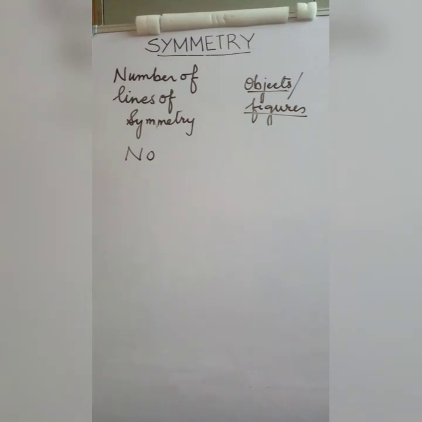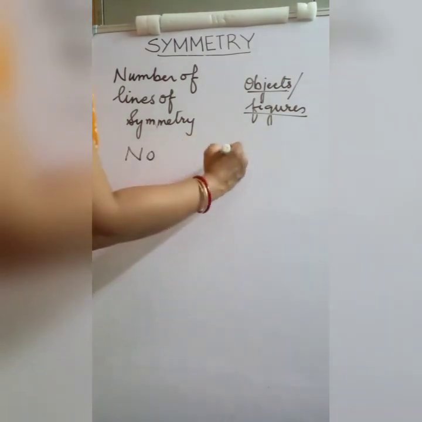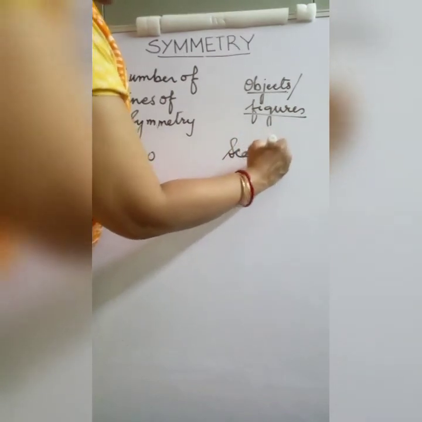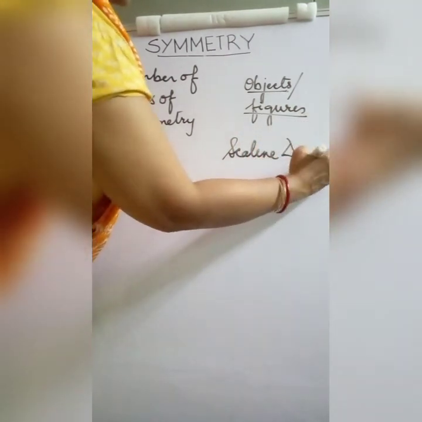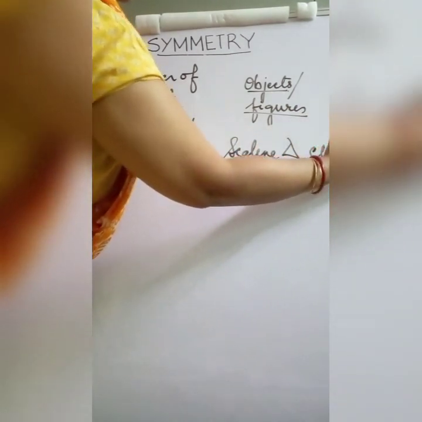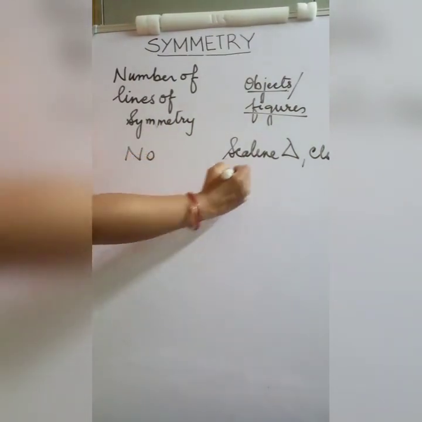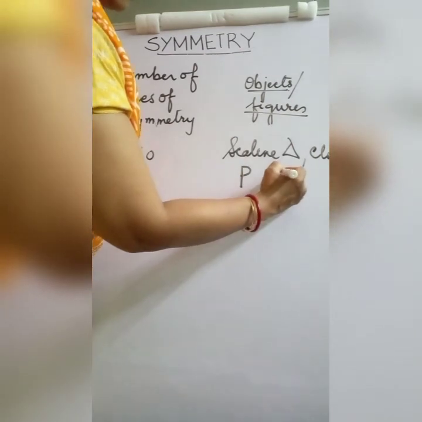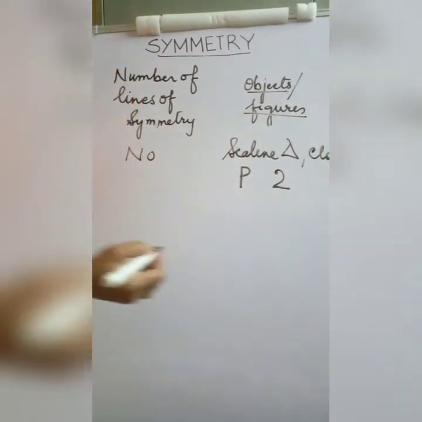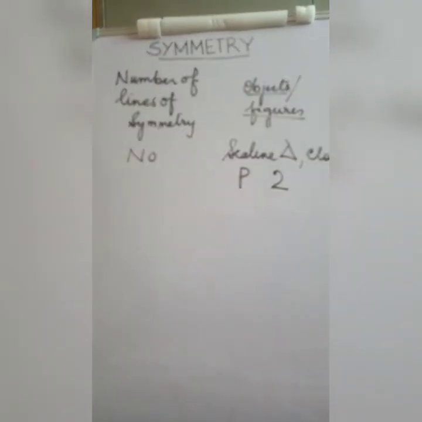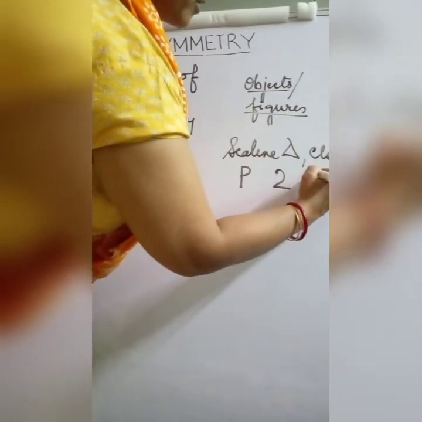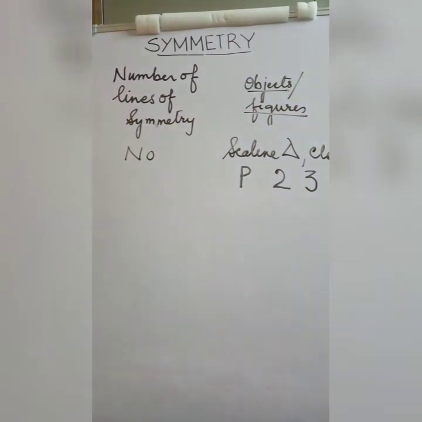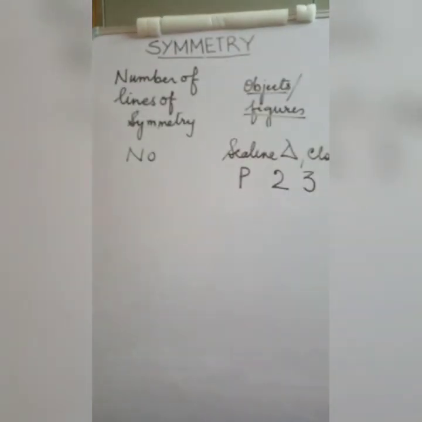A scalene triangle, we can say cloud, the alphabet P and the number 2, they don't have any line of symmetry. And when we write 3 like this, we don't have any line of symmetry.